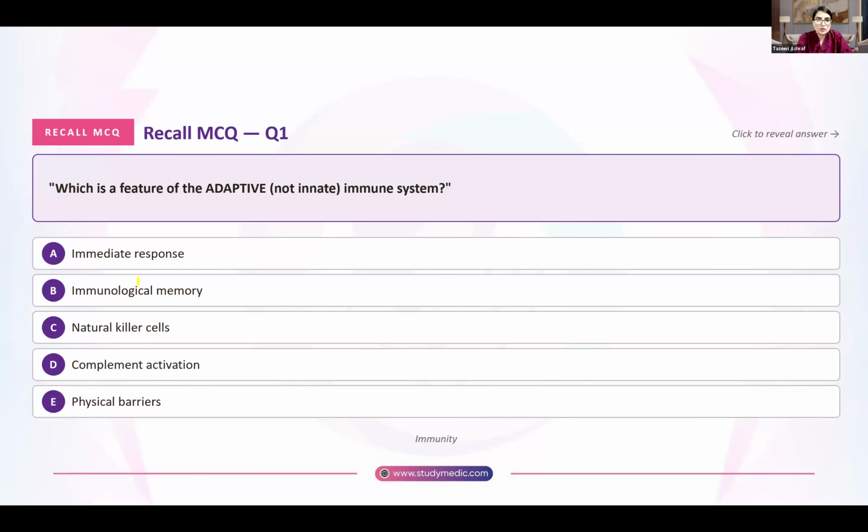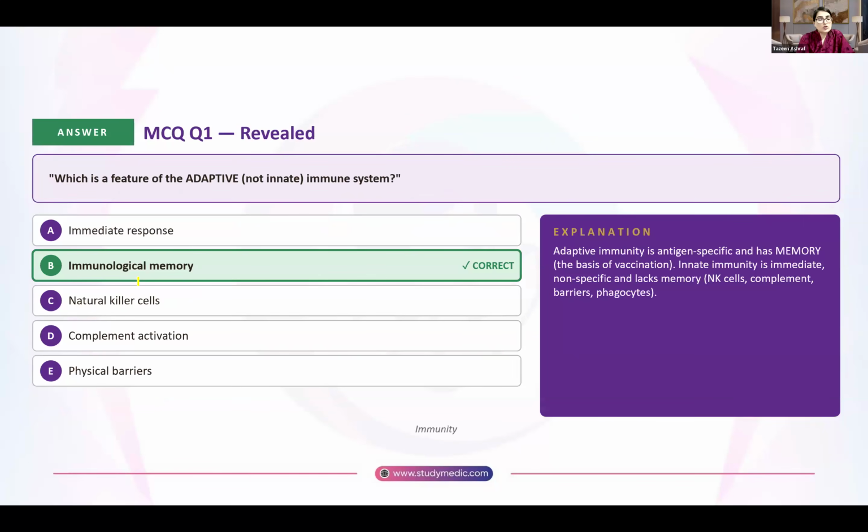Immediate response, immunological memory, natural killer cells, complement activation, or physical barriers? The answer to remember is immunological memory, as it has adapted.